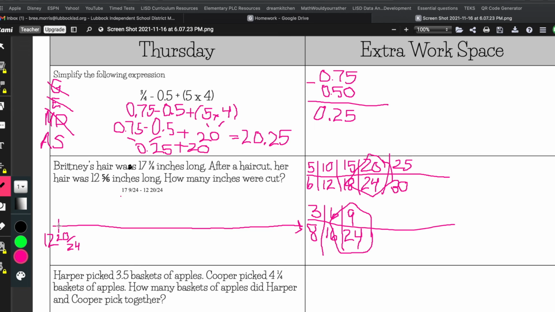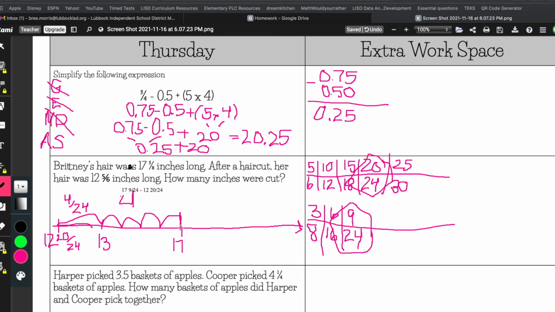I'm going to jump sort of to 13. We're finishing our whole, completing the puzzle. We jumped 4/24 to get there. We're going to go 13, 14, 15, 16, 17. We jumped 4 to get there.